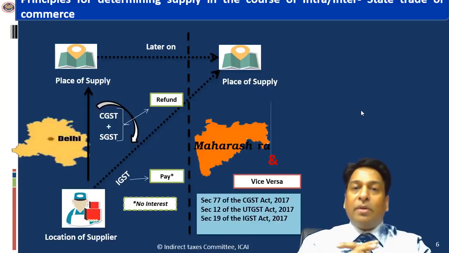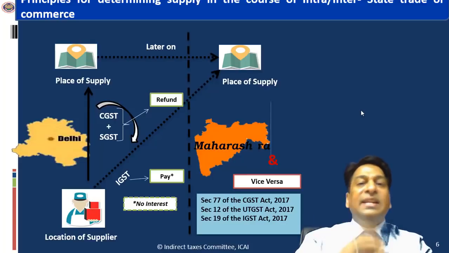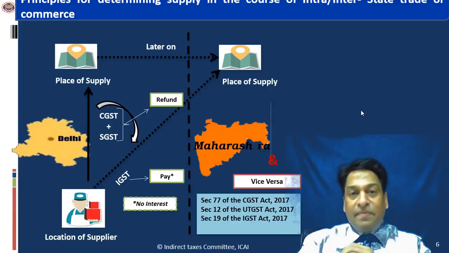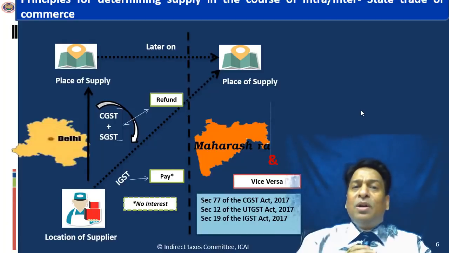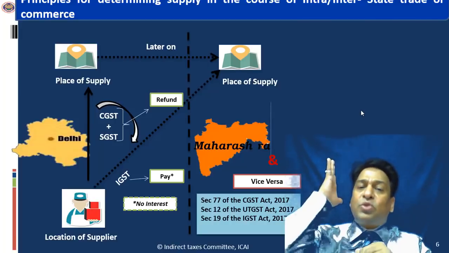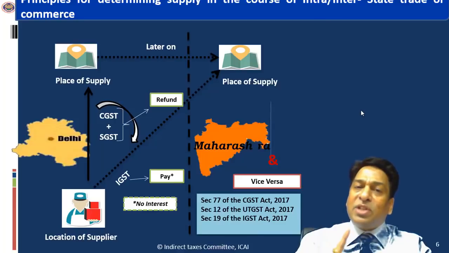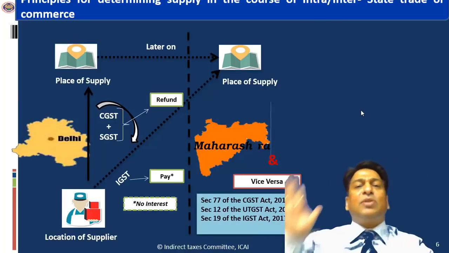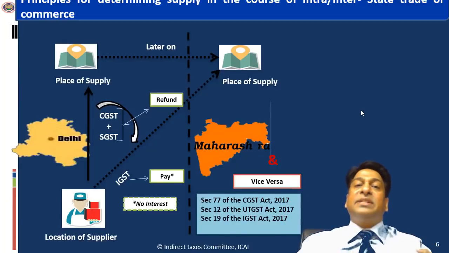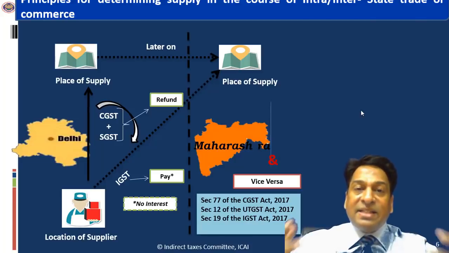But later on, for some reason, which I will discuss a little later in my presentation, let's assume the place of supply in this example is Maharashtra. Then the transaction should have been interstate and IGST should have been charged. But what happened? I've charged CGST and SGST.